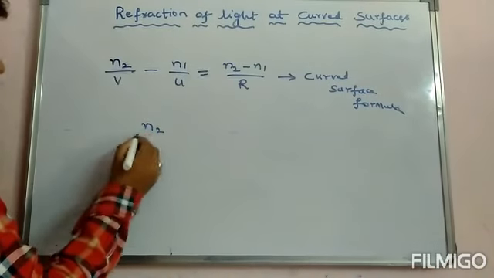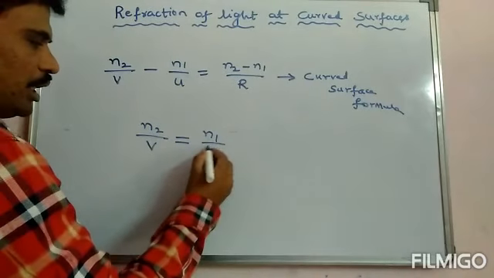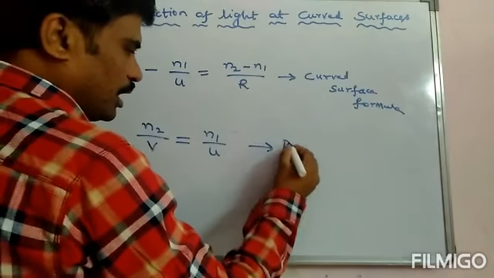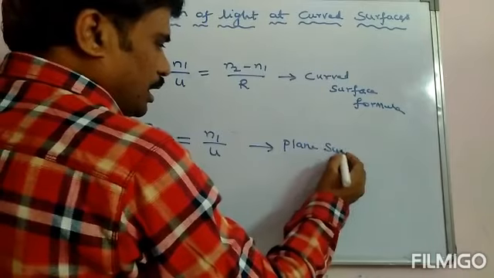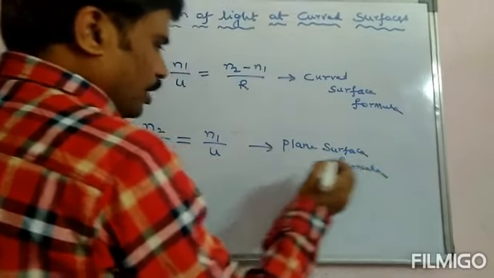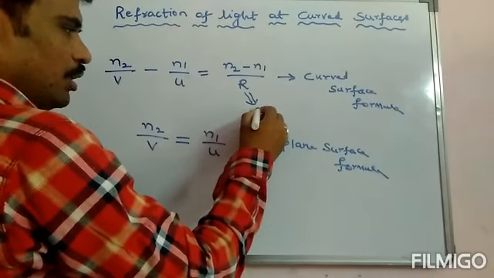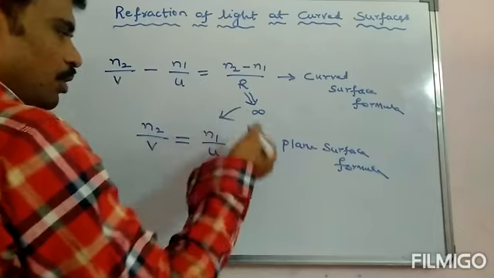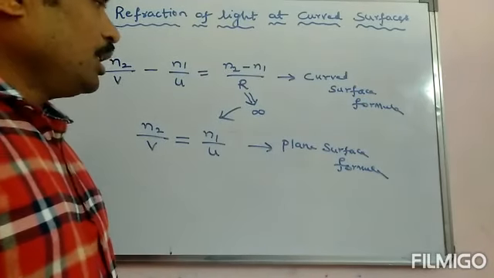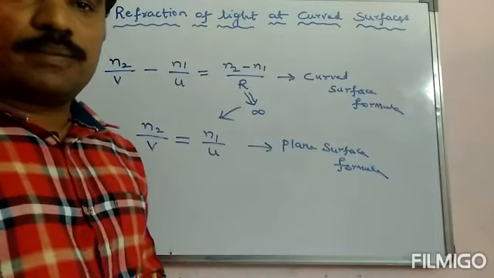The plane surface formula is N2 by V is equal to N1 by U. We call this formula as plane surface formula. How did you get this plane surface formula? In place of R, if you keep infinity, then you will get the plane surface formula. Now let us learn some examples regarding these formulas.